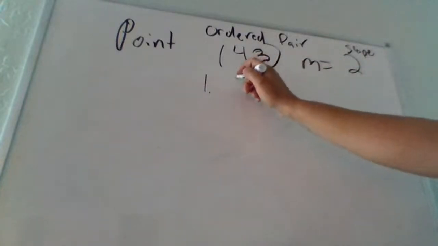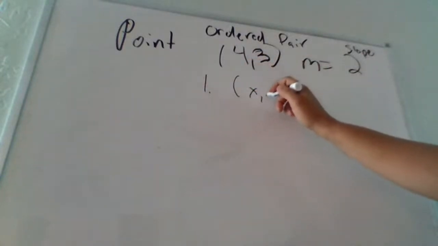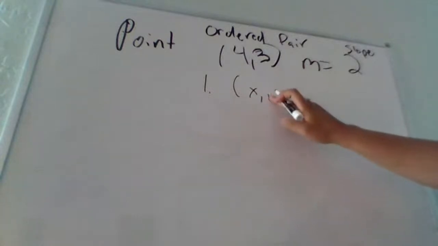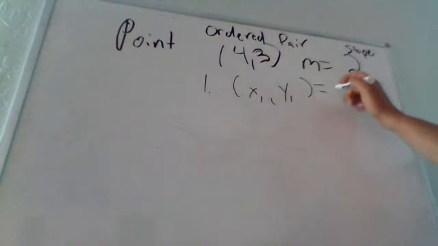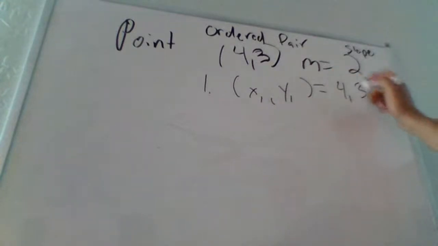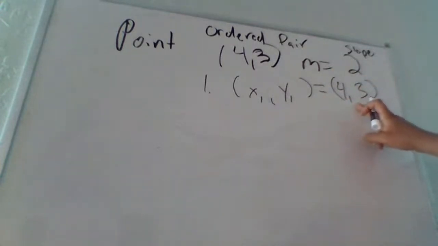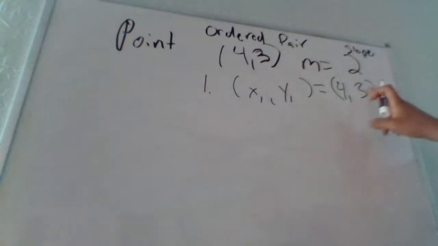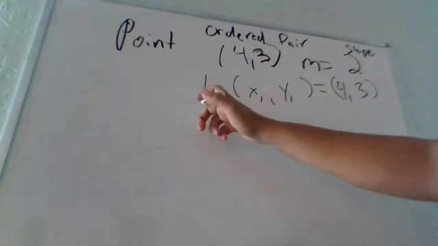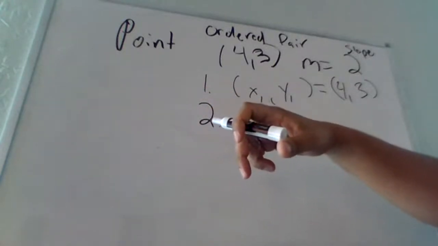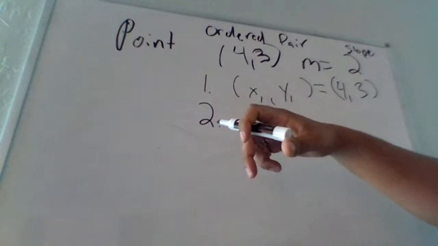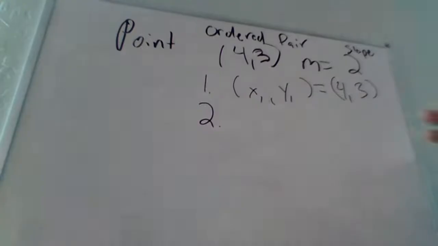So the first thing we're going to do: x1, y1 equals 4 and 3. This much we know, right? So now let's plug this information back into our slope-intercept form. Does that make sense so far?